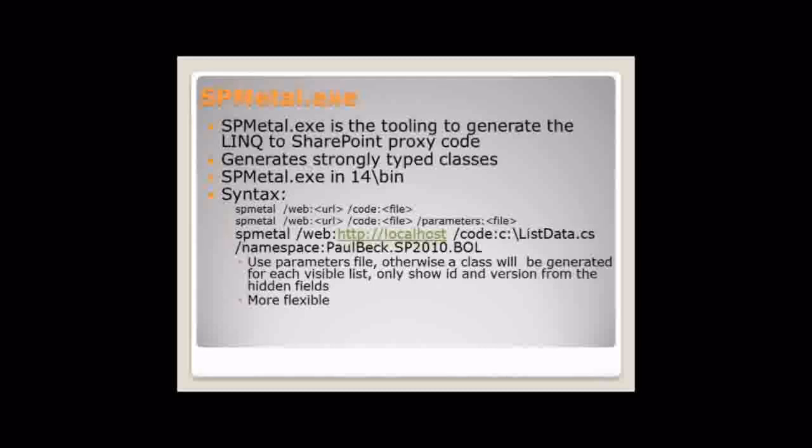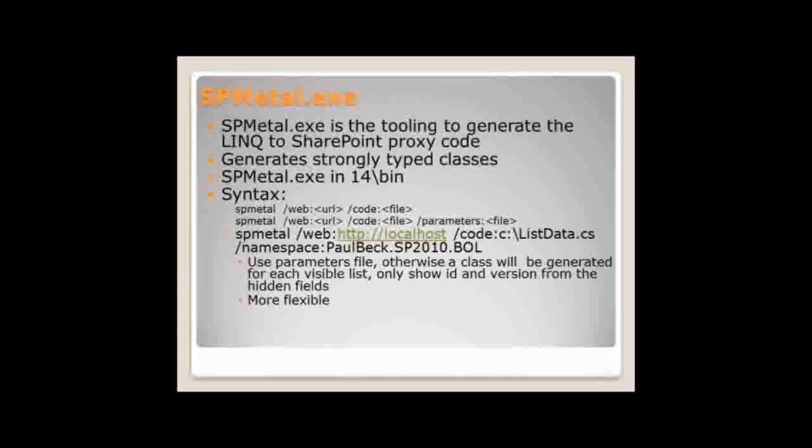So you can either use SharePoint's SPMetal.exe, which is held within the root directory, otherwise known as the 14 hive, within the bin folder, and you just open up your command prompt, navigate down to the appropriate place, or you can just call it remotely, obviously, from wherever you are, and run the SPMetal command.